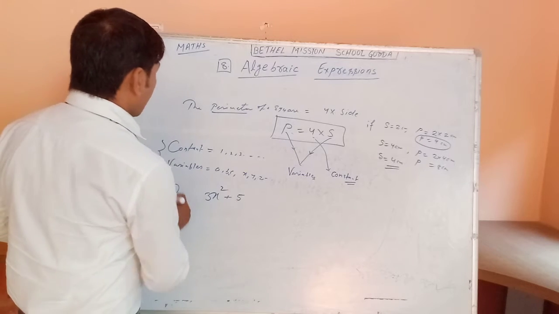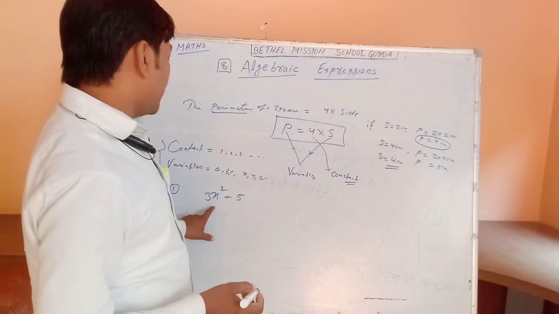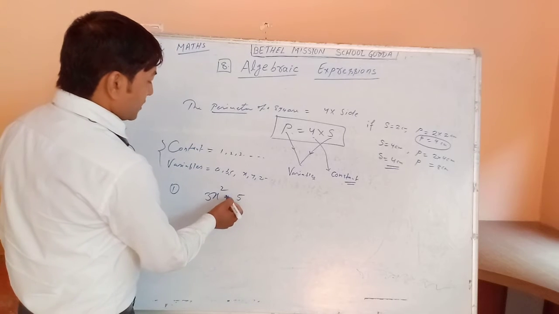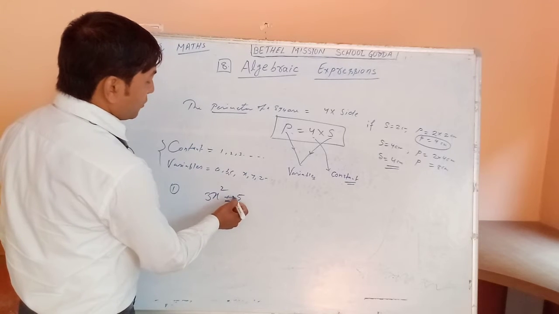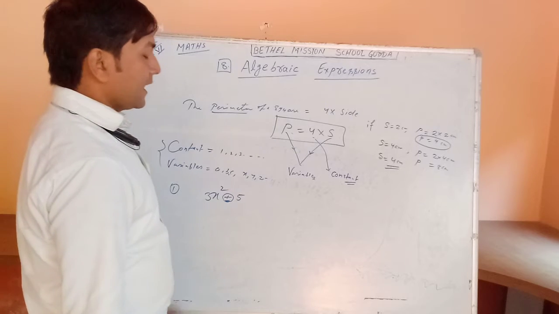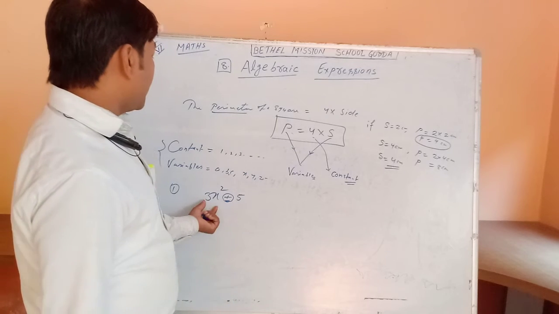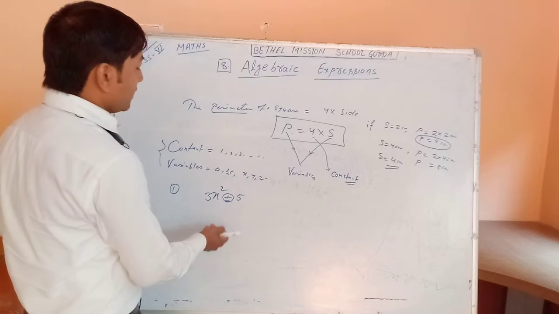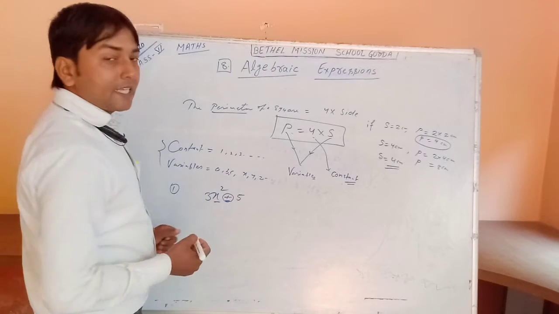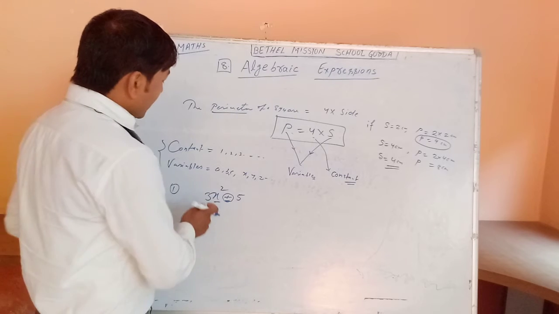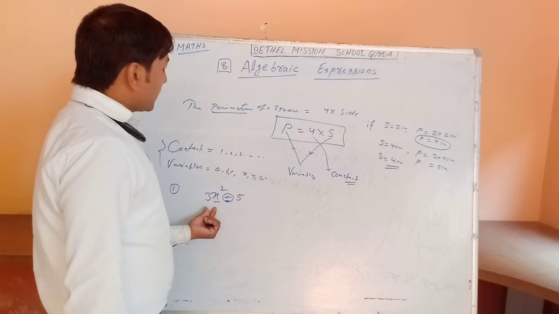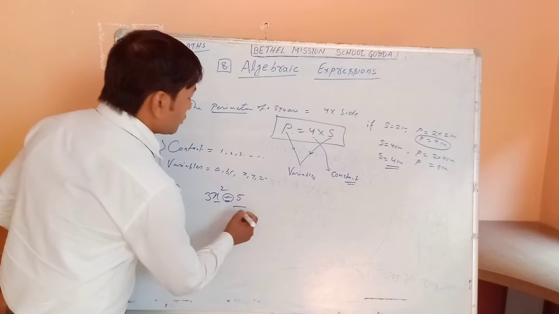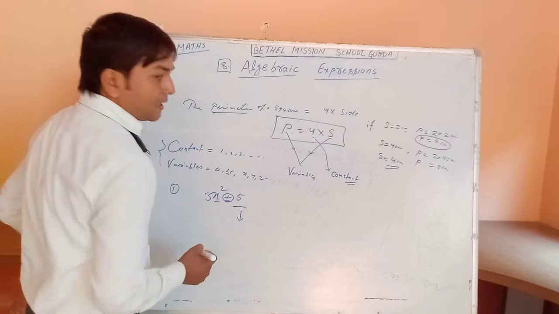I have taken one example, 3x square plus 5, in which I have used one symbol, plus. Here x square is a variable term and 3 is a constant. So there are two types of terms. Here 5 is also constant, and that is variable.